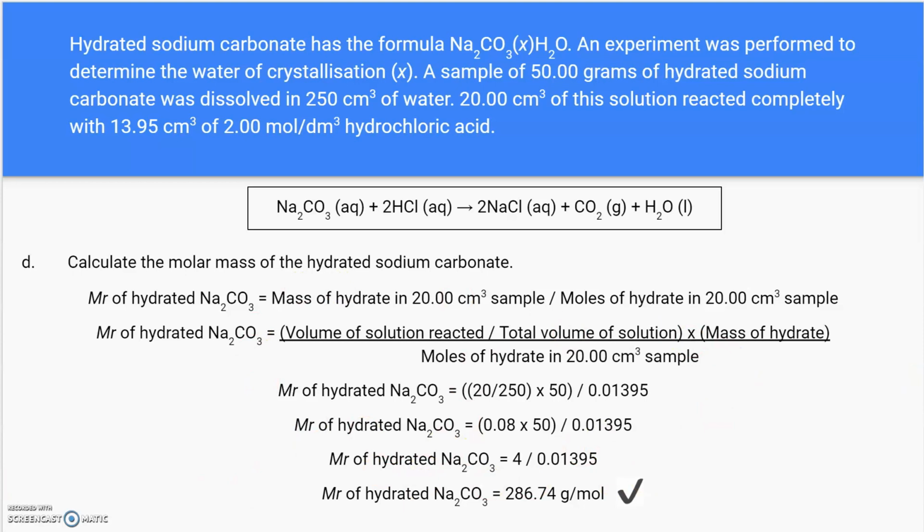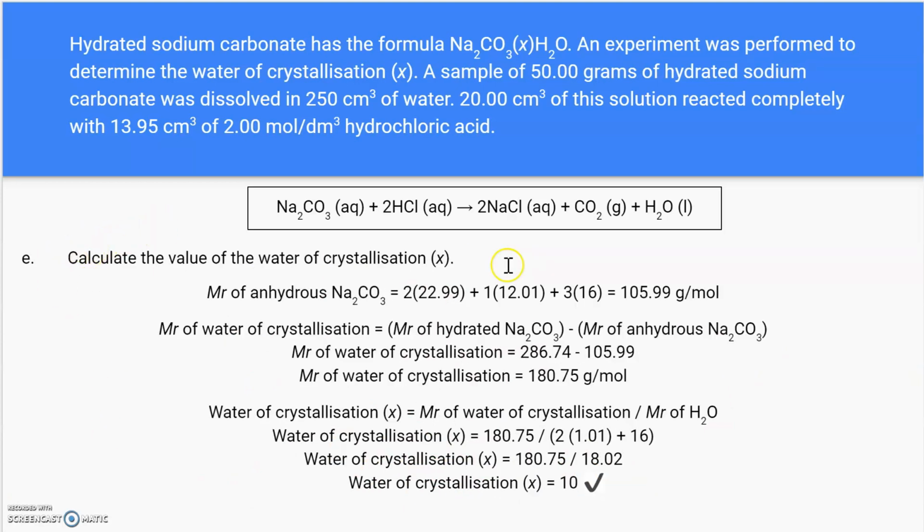Now, part E asks us to finally, with all the values that we've been calculating in the previous sections of the exercise, calculate the water of crystallization of hydrated sodium carbonate.